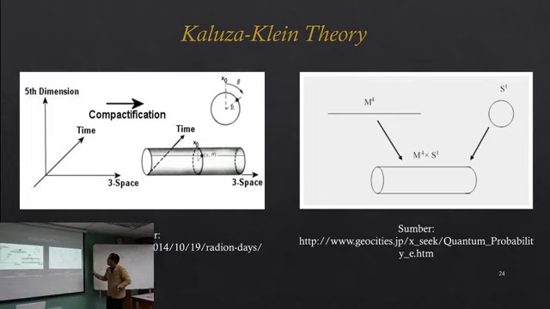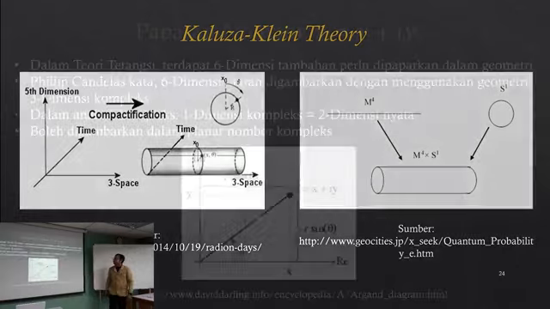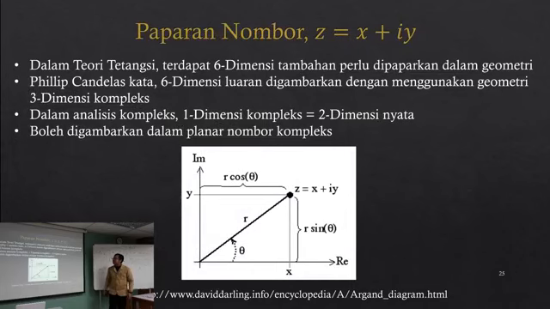And this one is a 2 dimension, this one is 3 dimension cylinder, 2 dimension circle and 1 dimension line. Okay? This one is actually how they compactify. Okay? Kalau you tengok ini adalah orbifold. Okay, orbifold ataupun simbol Z actually. We try to explain in term of the 2 dimension structure.